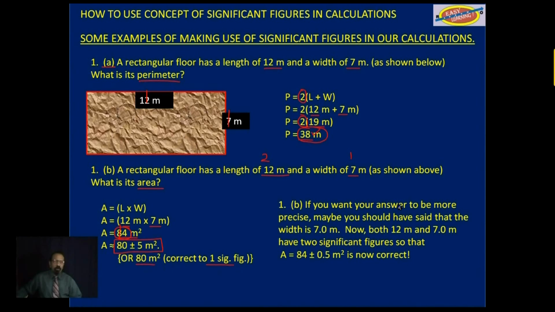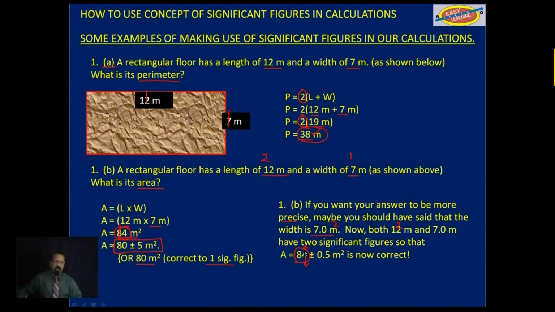Now, if you want your answer to be more precise, maybe you should have said that the width is 7.0 meters instead of the 7. Now, in that case, this will now have two significant figures. The 12 will have two significant figures. And so we are now allowed to use this 84, which has two significant figures.